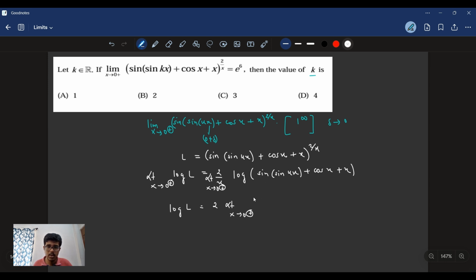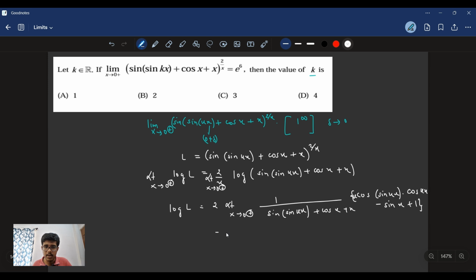In the numerator I'm going to differentiate with respect to x: 1 by (sin kx plus cos x plus x), the derivative of sine will be cos of sin kx into the derivative of sin kx, which is basically cos of kx into k, minus sin x plus 1.